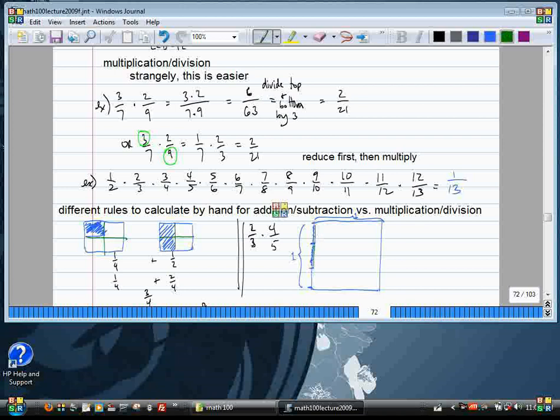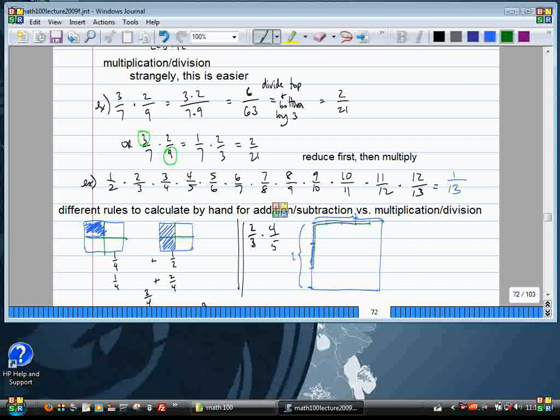Okay, next, across the top, I want to represent 4/5. So how can I represent 4/5? Got to break it down into 5. 1, 2, 3, 4, 5. And I want something that's 4/5 long, so there you go.